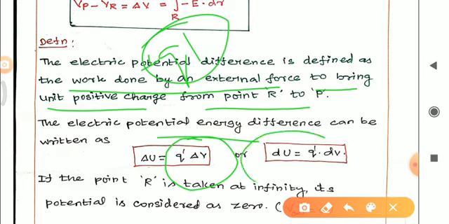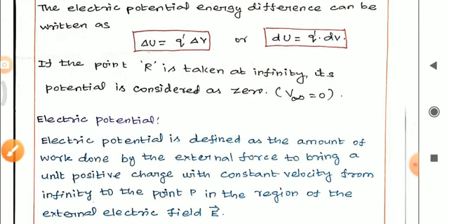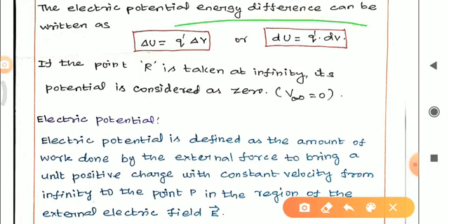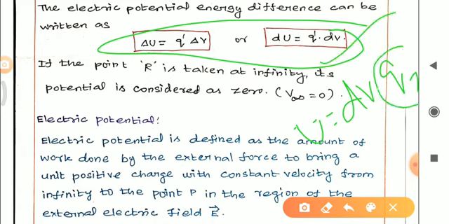These are the two equations we have to remember to solve questions, because in some textbooks the same formula is given as change in potential energy u is equal to dv into q2, where q2 is nothing but the test charge. Here we have taken q dash into dv.